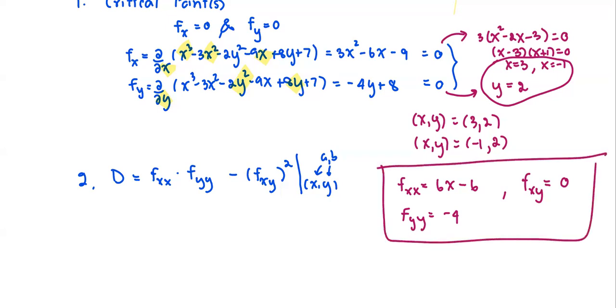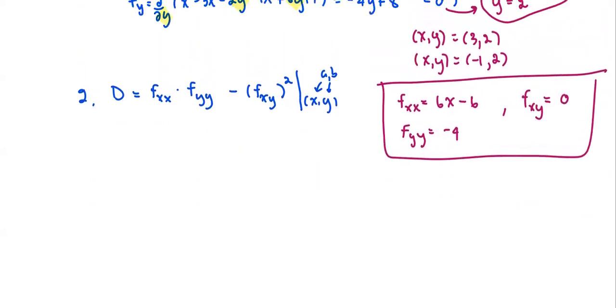Now, from these three quantities, we're going to plug them in to find D for each case. So we look at one ordered pair at a time. For (3, 2), D of (3, 2) equals f_xx, which is 6x minus 6, multiplied by negative 4, minus f_xy, which is 0 squared, where x is 3.